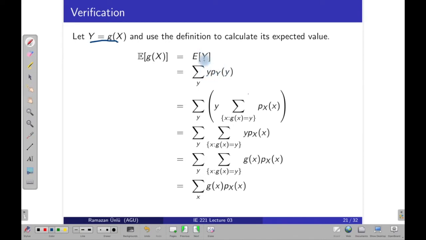How can we do that? It is a summation of y times the PMF of y, right? So we rewrite this part. Because this is a constant value, it can go outside of the summation here, and we can also rewrite this part as this one.